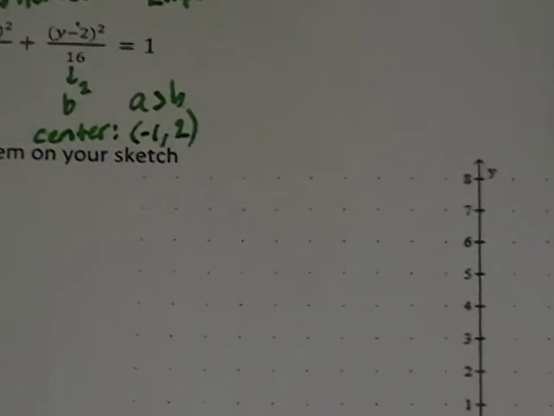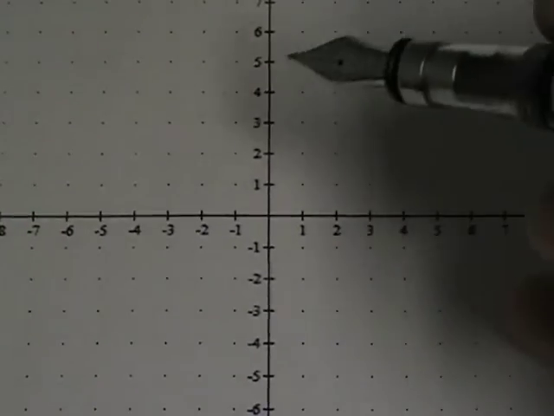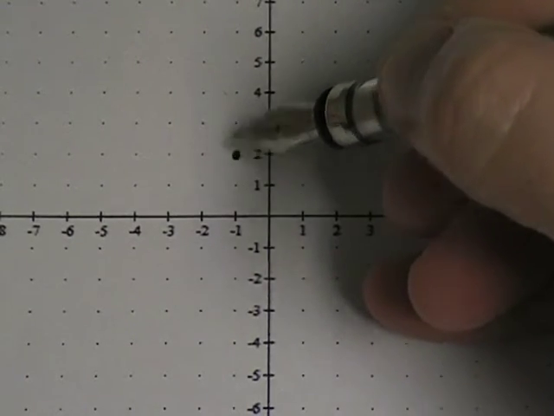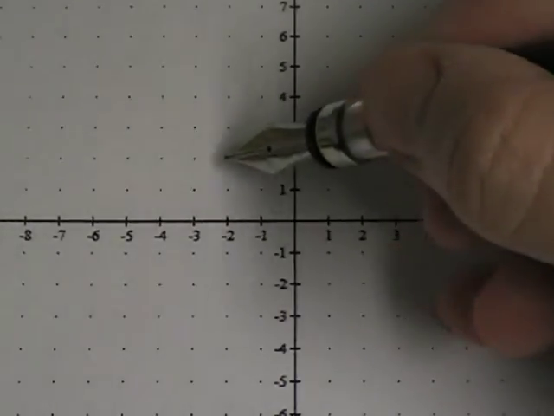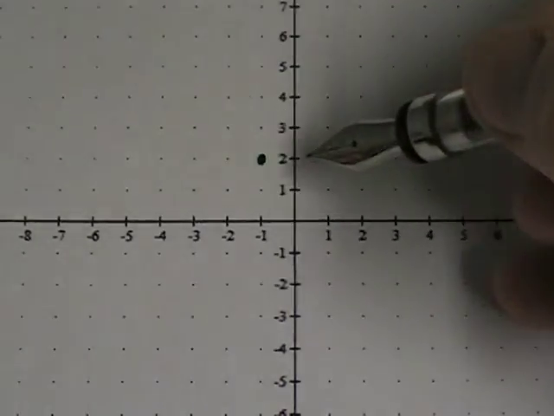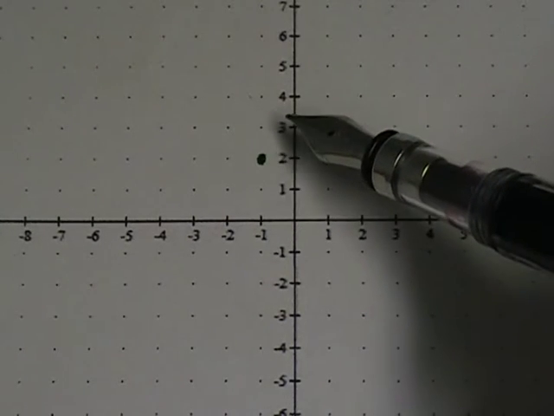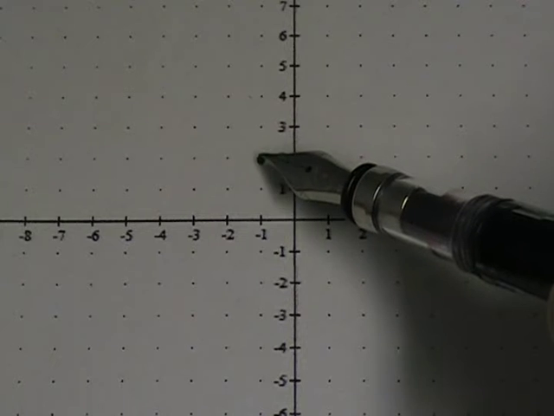Okay, so let's go over here to our graphing grid. We've got our center at (−1, 2), and we know our major axis is horizontal, and it has a length of 5. The semi-major axis has a length of 5 units.